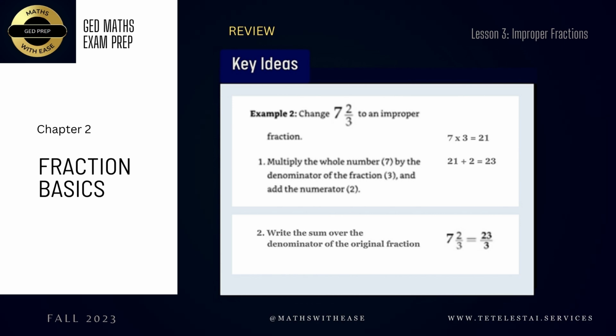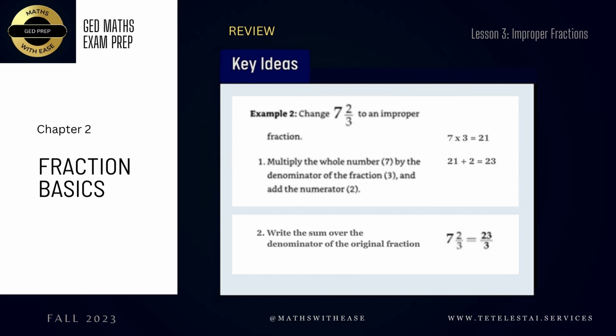Okay, so here we're being asked to go in the other direction, right? We're being asked to change a mixed number, 7 2/3, to an improper fraction. So essentially, you're going to multiply 3 by 7, which gives you 21. Then 21 plus 2 is 23. And that 23 is greater than 3, so you know that you're done with that process.